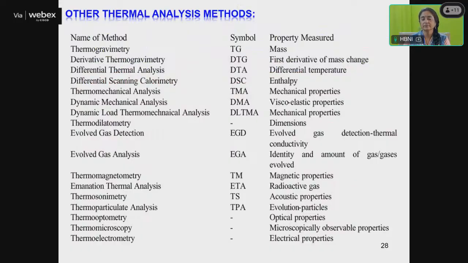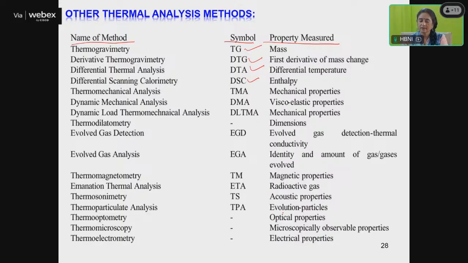Just to give you a feeling for the various thermal analytical methods, I have listed here the name of the method, the symbol, and the property which is measured. At a glance you can know what they are, because many times you will find only the acronyms, and if you correlate them with this table, then you can know what each is. It lists thermogravimetry, derivative thermogravimetry, differential thermal analysis, differential scanning calorimetry, and the property being measured.